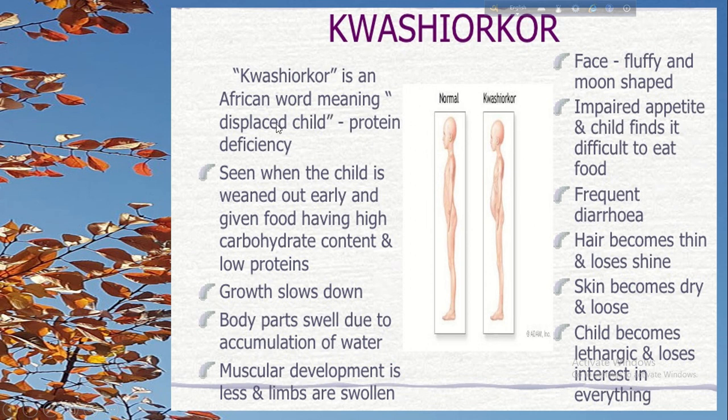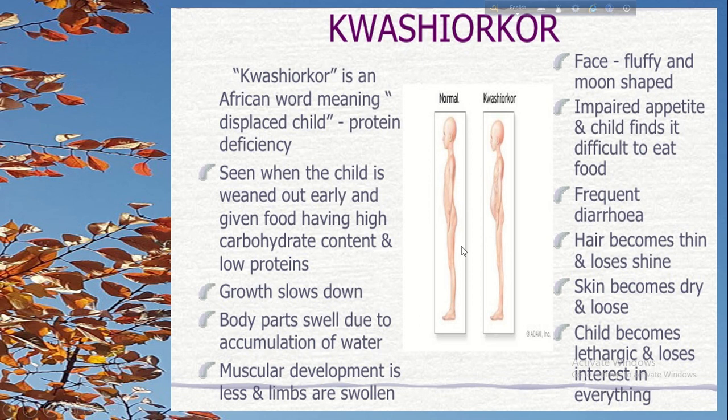So kwashiorkor is an African word meaning displaced child or deformed shape, that is protein deficiency seen when the child is weaned out early and given food having high carbohydrate content and low protein. So when you eat a large amount of carbohydrate but a small amount of protein, the children will suffer from kwashiorkor disease.